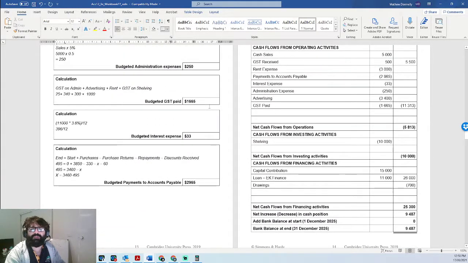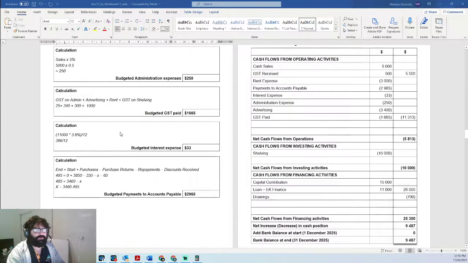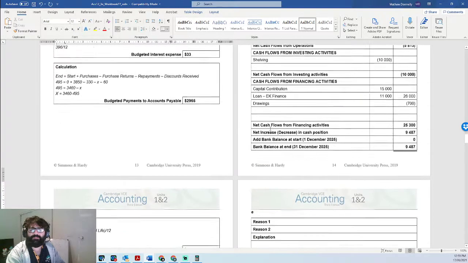Then we've got less our other expenses, and we just need to start with the cash flow statement. I think that's always the easy one. So rent expense will be 3,000. So that's our first little starting point. Rent expense 3,000, interest expense 33. So let's get those on there.